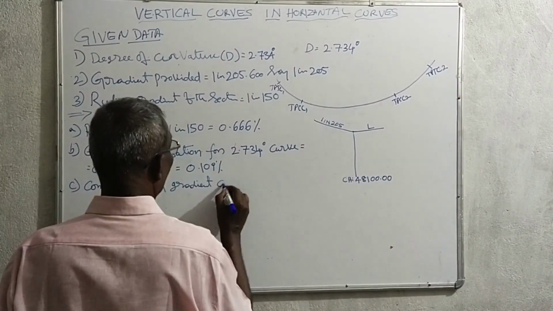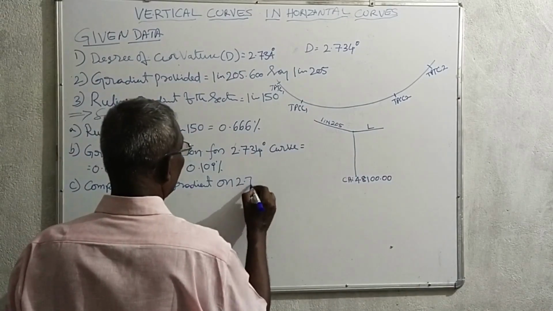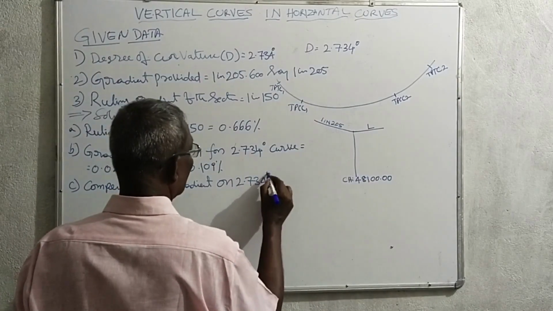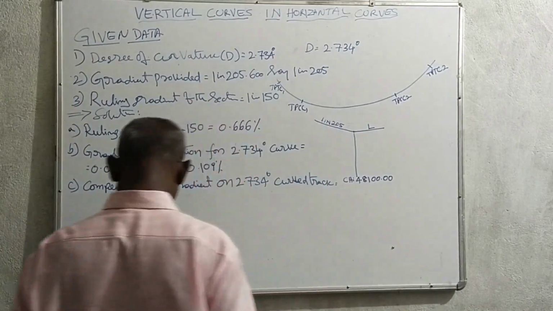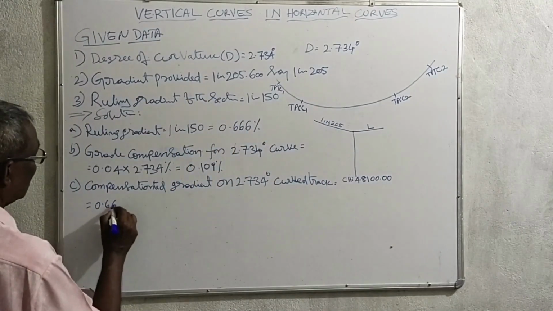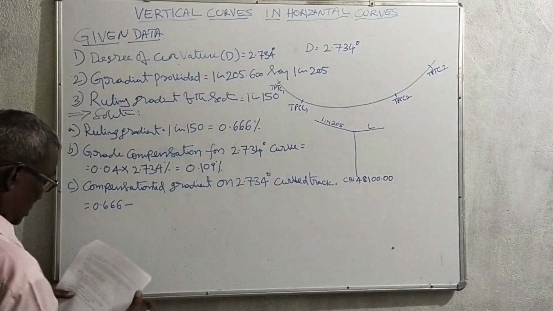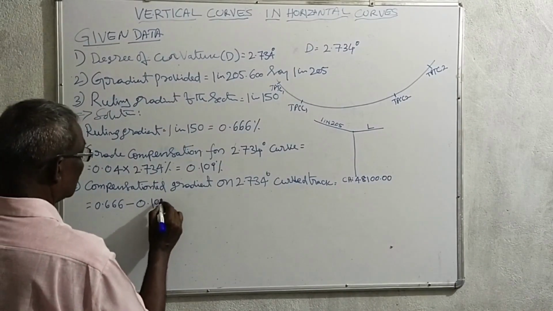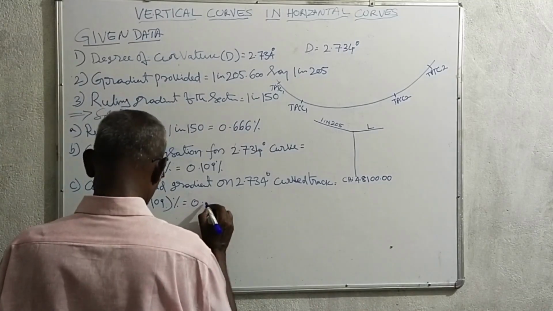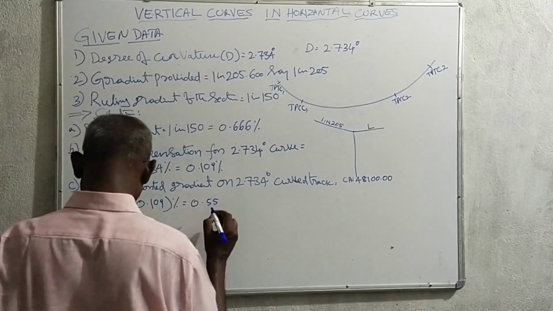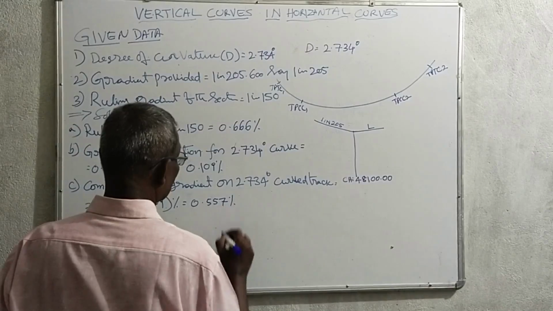Compensated gradient on a 2.734 degree curve track is equal to 0.666 minus 0.109%, that is 0.557%.